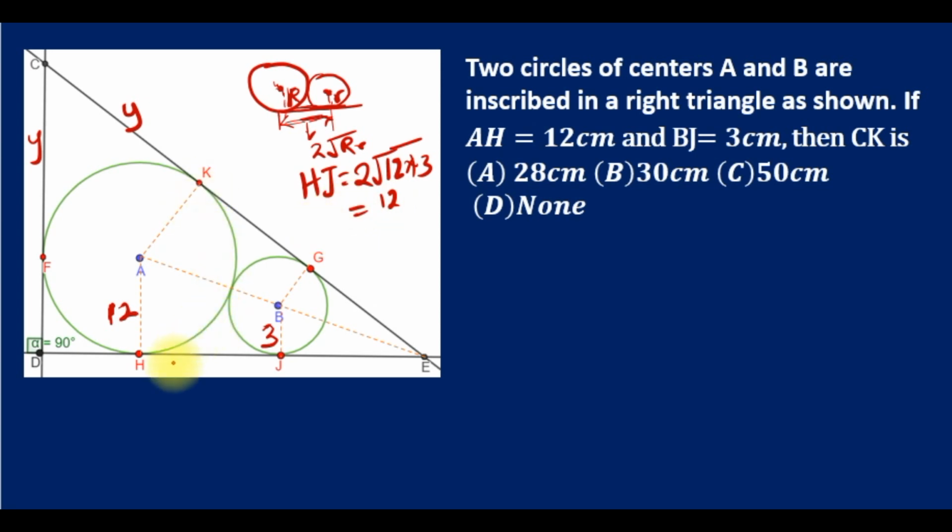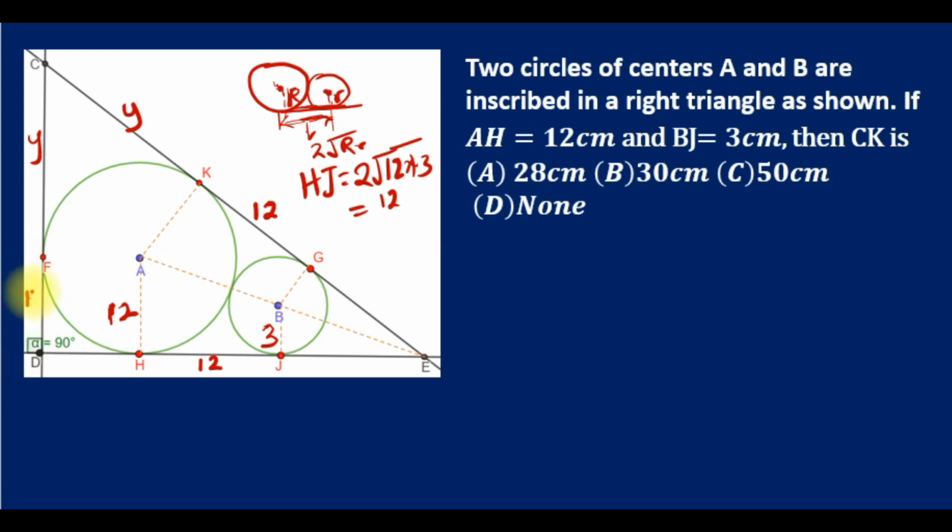So I'm saying that HJ and KG, they are the same length. So here is 12. Here is also 12. Again, remember, AH and FD, they're also 12 because that's the radius.